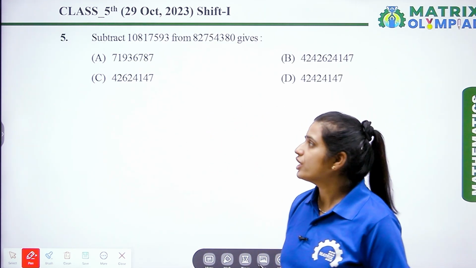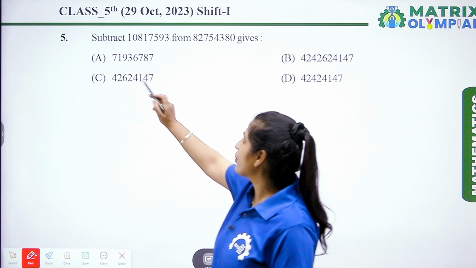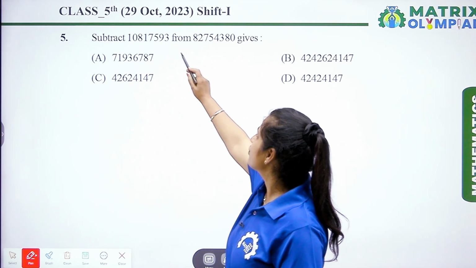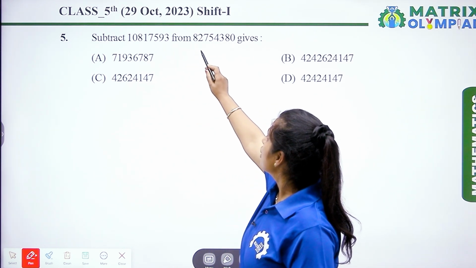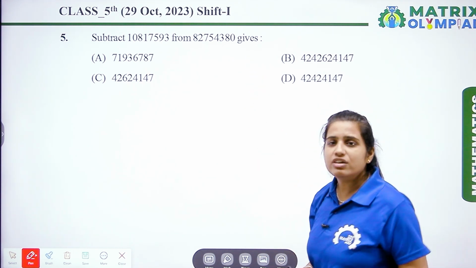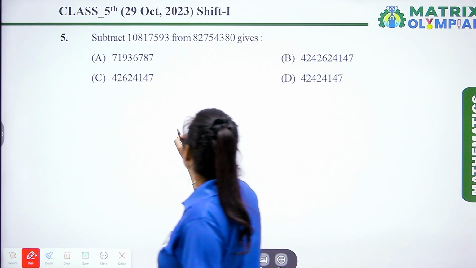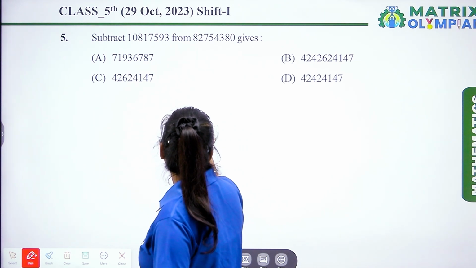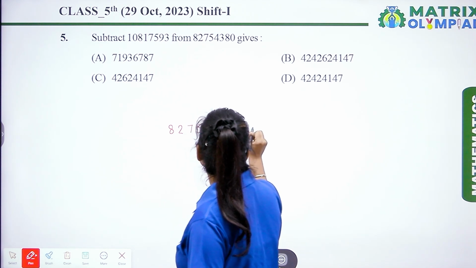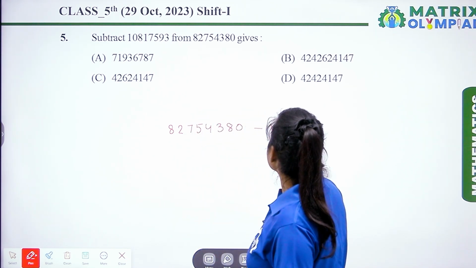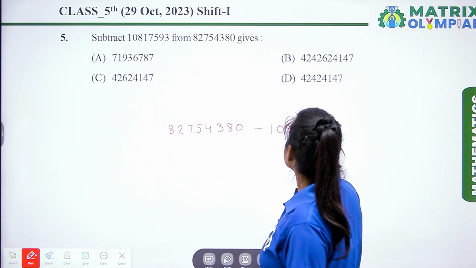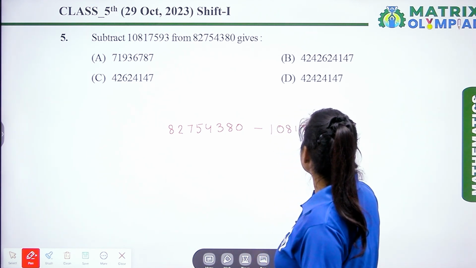Now the next question 5 is, we have to subtract 1 crore 8 lakh 17,593 from 8 crore 27 lakh 54,380. That gives us, let's write down the 8 crore 27 lakh 54,380 minus 1 crore 8 lakh 17,593.